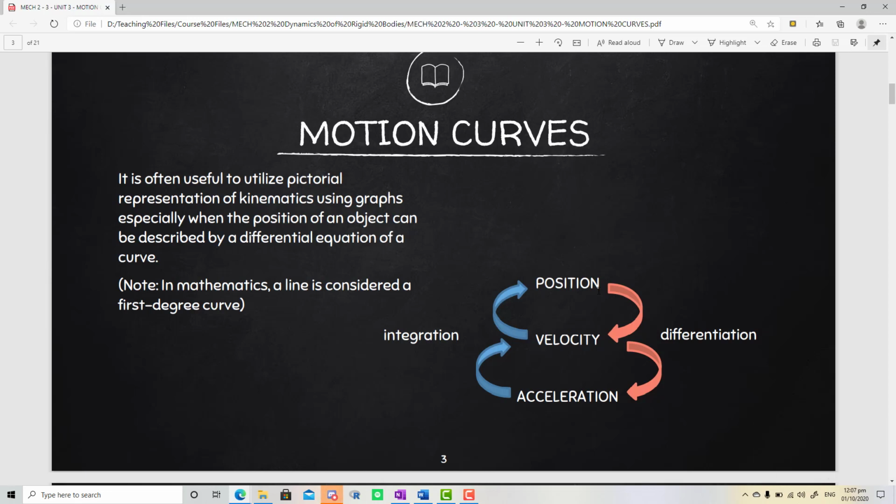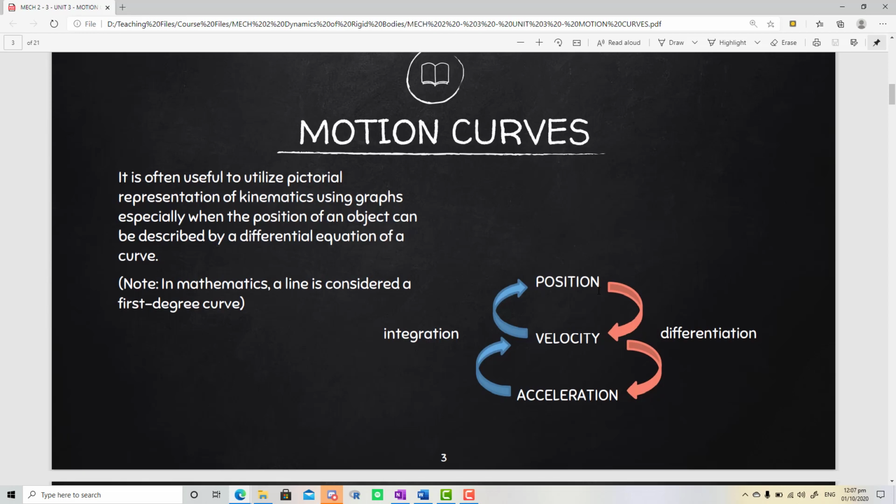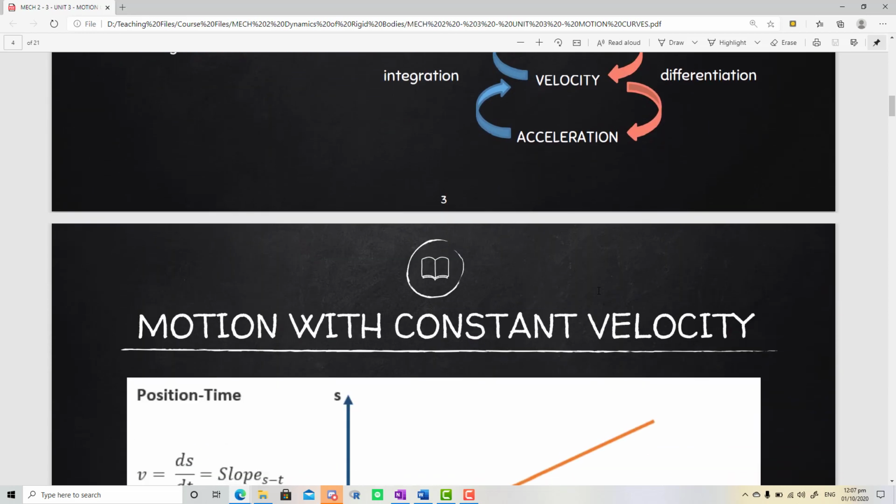From the position equation, you can find the velocity equation using differentiation, and in turn, by differentiating again, you can also find your acceleration equation. If, for example, you are given the acceleration equation and you want to find the velocity and position equation, what you will do is just the reverse of differentiation, and that is integration. So basically, this topic will revolve around differential calculus and the area method later on.